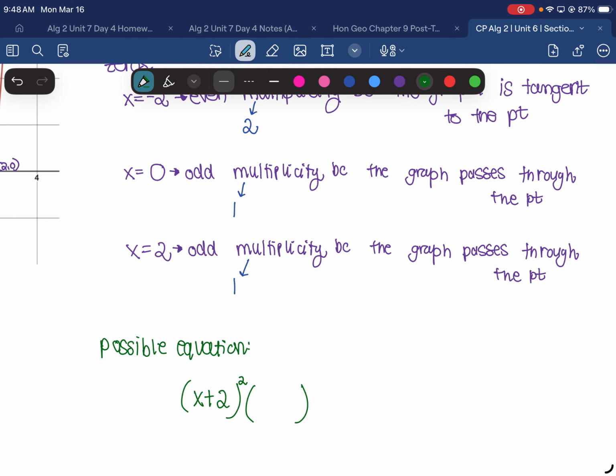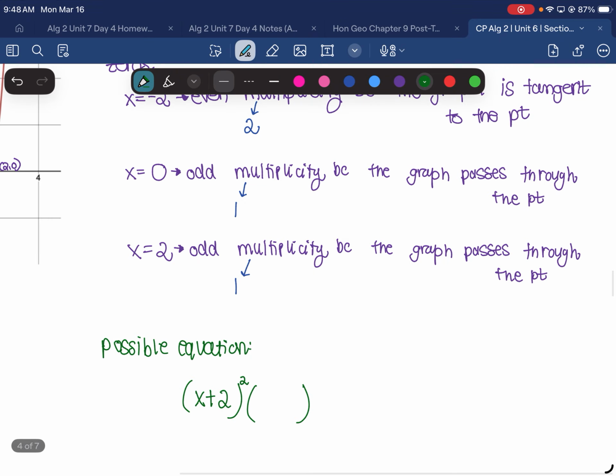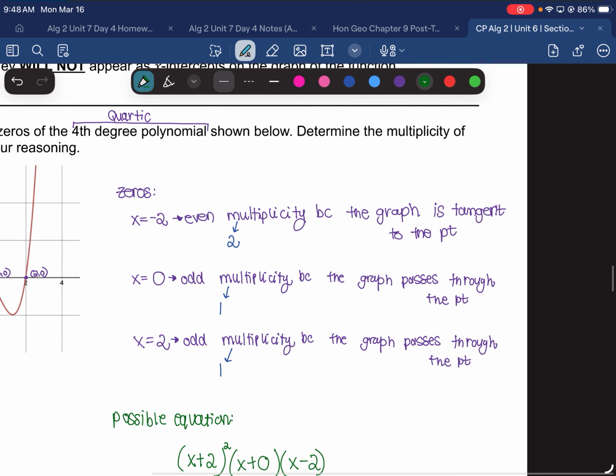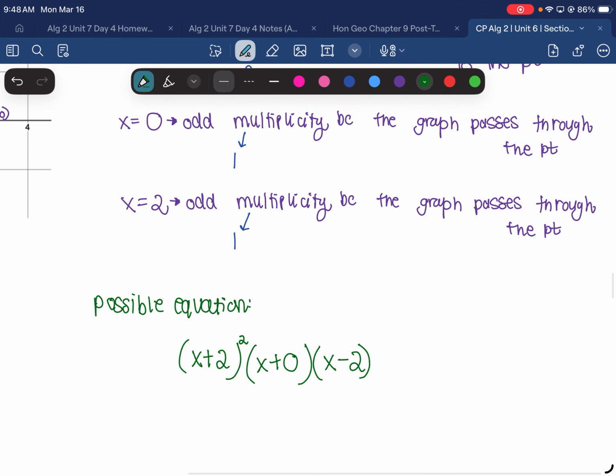The next 0 is 0. x plus 0, you could do x minus 0, it's the same thing. And then the last 0 was positive 2, so when I write it as a factor, I want to write x minus 2. No, I don't think I named this function.